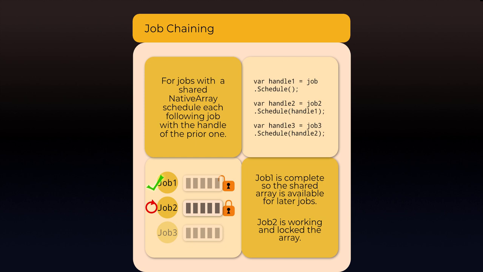And so the nice thing there is this native array is automatically being transferred from one job to the other. And then obviously the idea is that somewhere in maybe the last job you're able to harvest the results of the work that was done across these jobs.